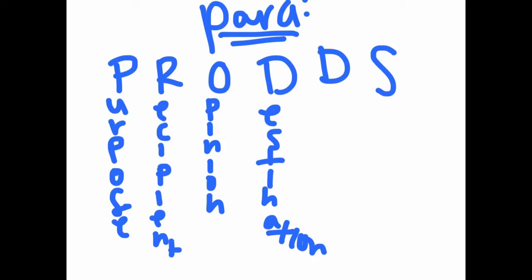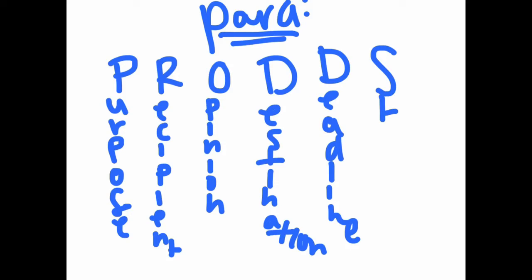That's where I'm going. And that's when you use the word para. The second D stands for deadline, which is used to indicate a deadline or due date. So I would say el proyecto es para el 20 de mayo. The project is for the 20th of May.